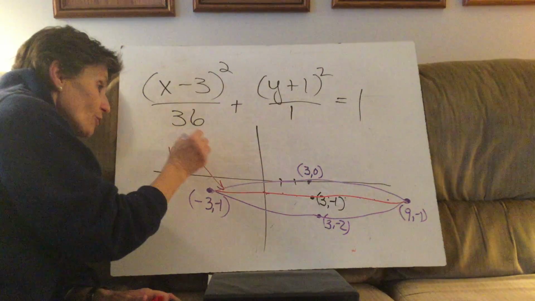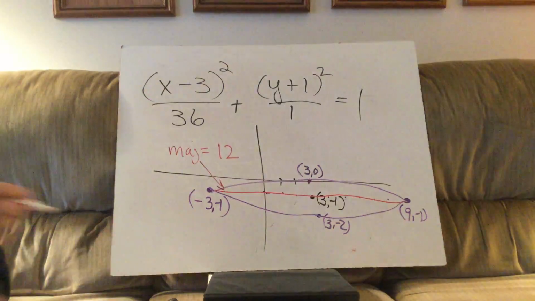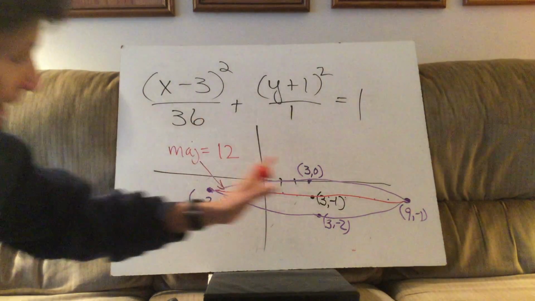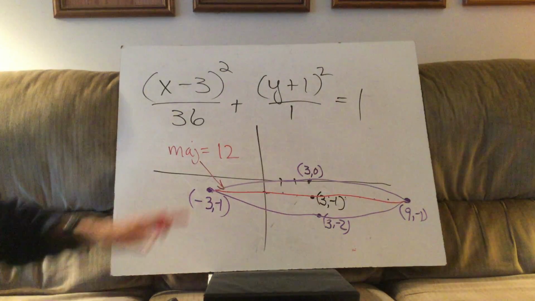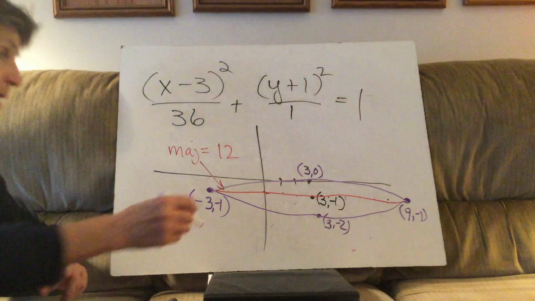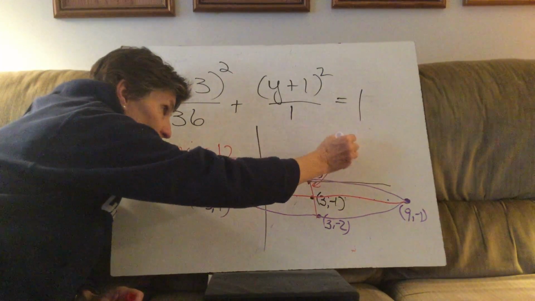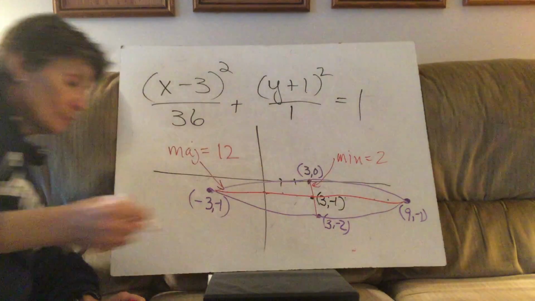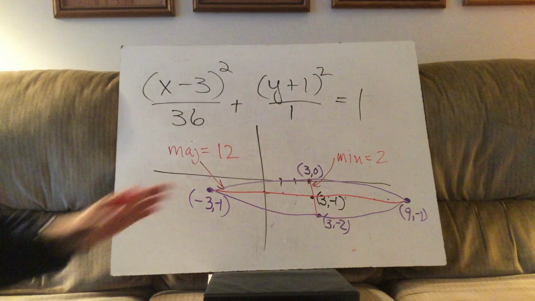So the major axis is 12 units long. How do I know? Because I counted left and right 6 units, so that gives me a total length of 12. And then my minor axis is 2 because I counted up and down 1 for a total distance of 2.